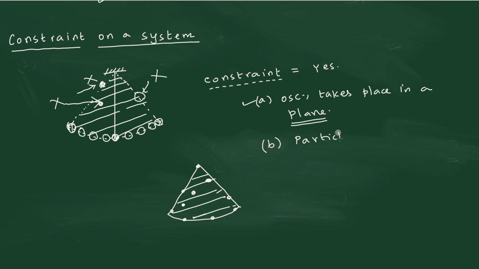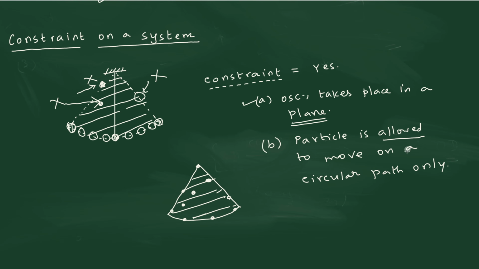The particle in the system is allowed to move on a circular path only. See, allowed to move only. That is the place where you have to catch the restriction. That means it is not allowed to move any other place. Allowed means in some other places it is not allowed.